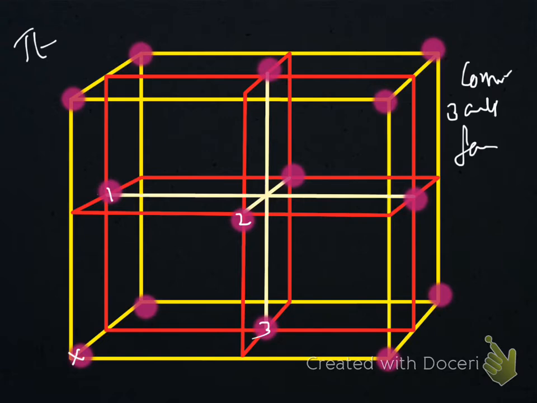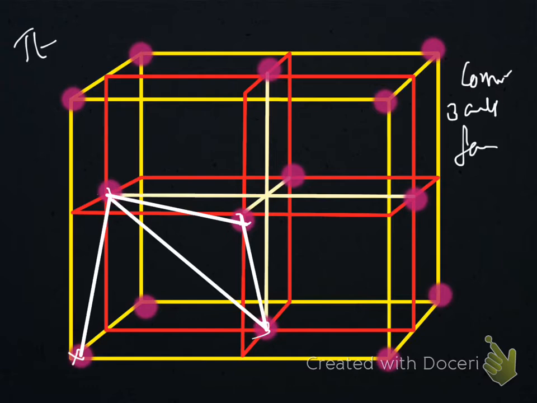You can connect them: one to two, two to three. This is the base of the tetrahedron, that is a triangle. From this you can connect to this point, to this point and this point.